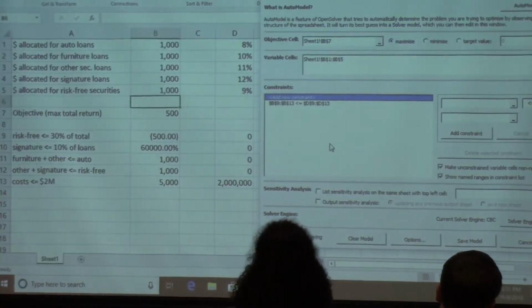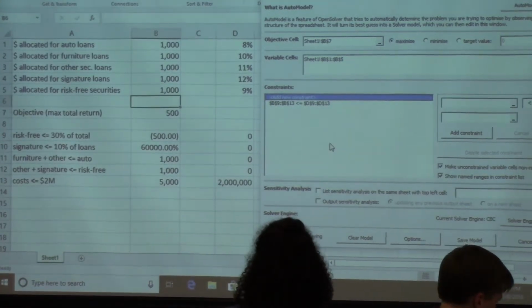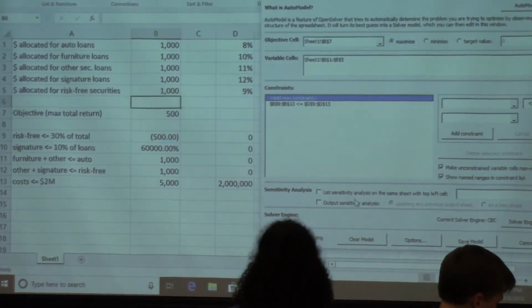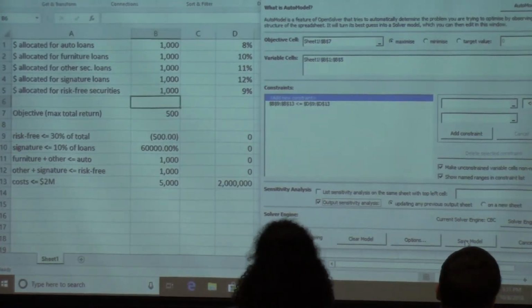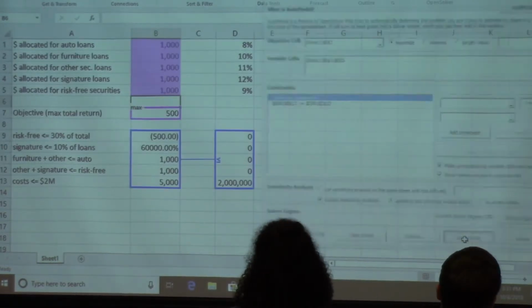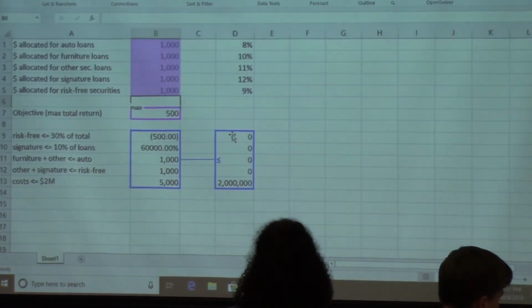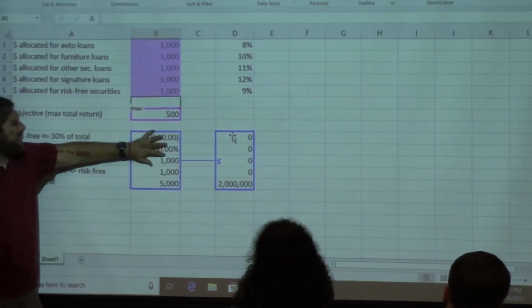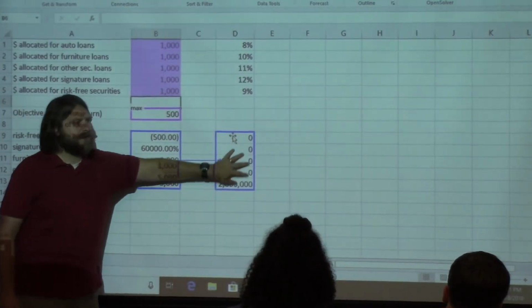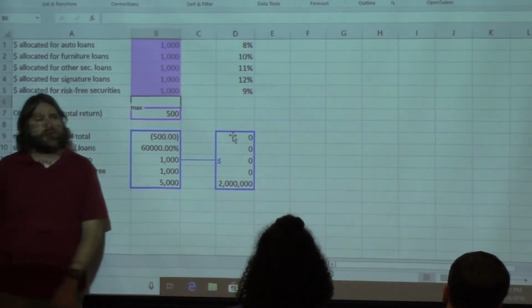Exactly how we want it to line up there. And I am going to have it output the sensitivity analysis. Save the model. And now we can see really nicely, these are our variables that we're doing a maximization on, and that these constraints are less than or equal to these values right here.